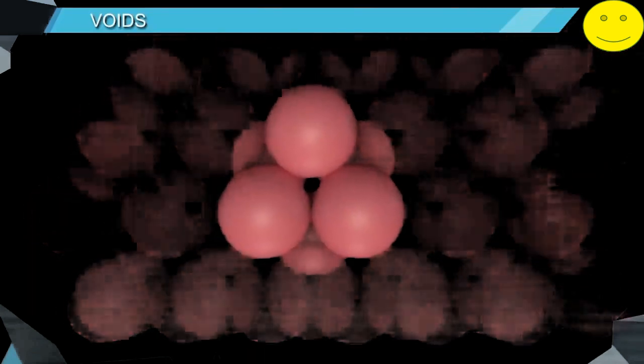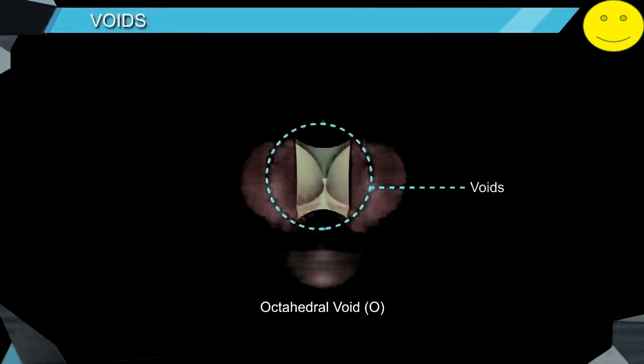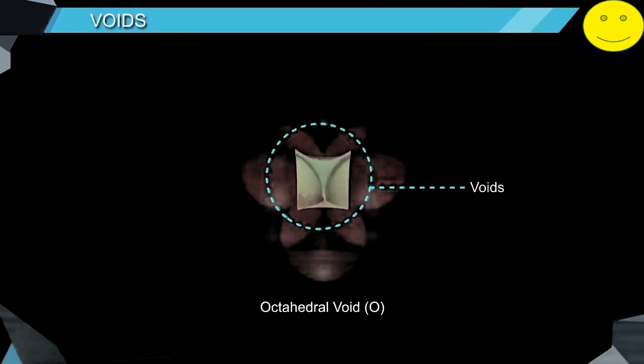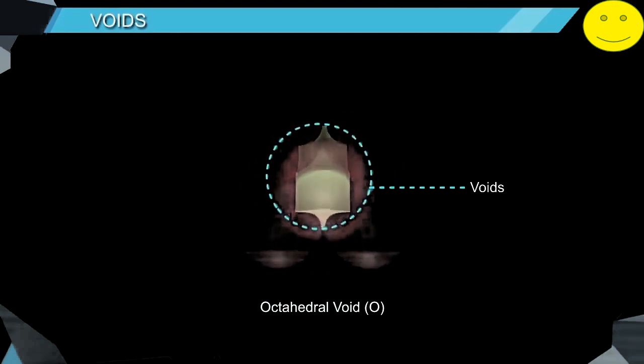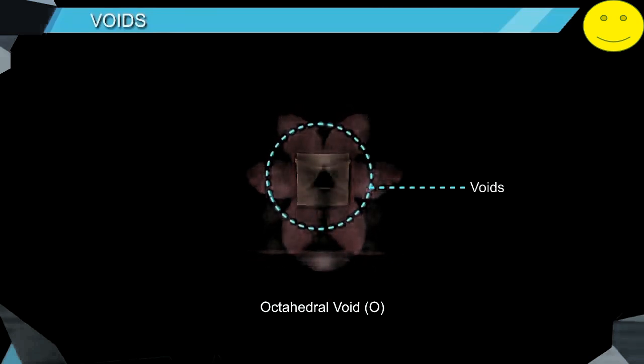At other places we will notice that the triangular voids of the first layer coincide with the triangular voids of the second layer, such that their triangular shapes do not overlap. At such places, another type of void is formed, and this type of void is known as an octahedral void, since an octahedron is formed by joining the centers of six surrounding spheres.